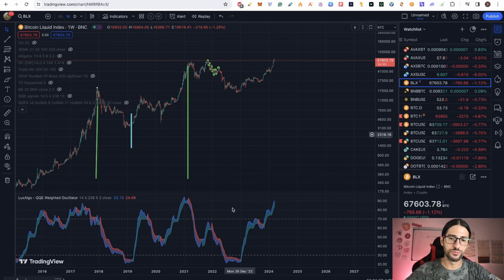If you get these very big movements, you are going to be stress-free, and you are going to be working with bigger time frames where you have fewer and fewer fake-out indications on all these kinds of indicators. So you can see this indicator, the QQE, the weighted oscillator from LuxAlgo, is really useful, and I will be checking this in conjunction with all the other things that I mentioned.